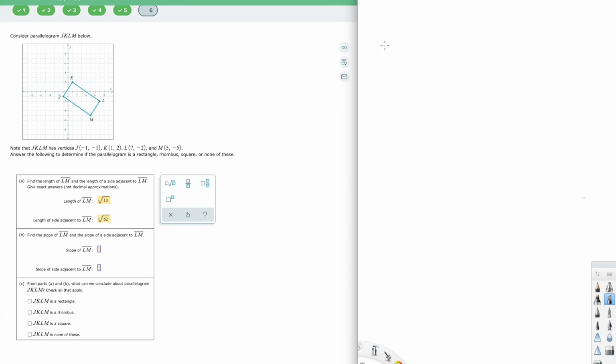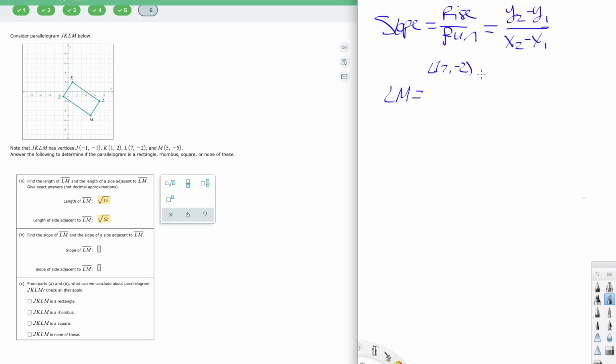So slope is rise over run. This is still the difference in y's over the difference in x's, but we're just doing a division, a ratio here. All right, so we're going to have LM. L was 7, -2, and M was 5, -5.